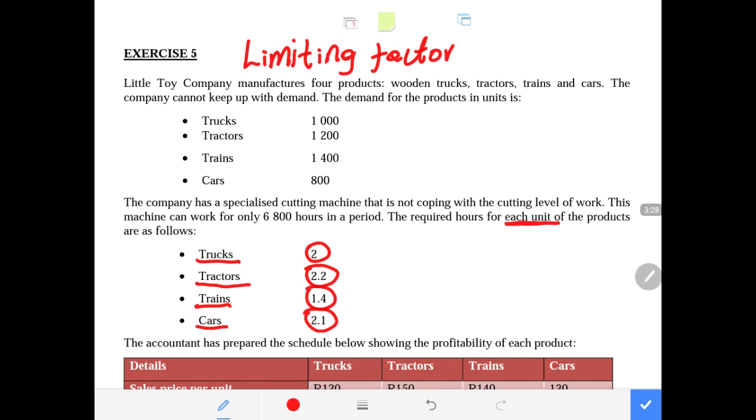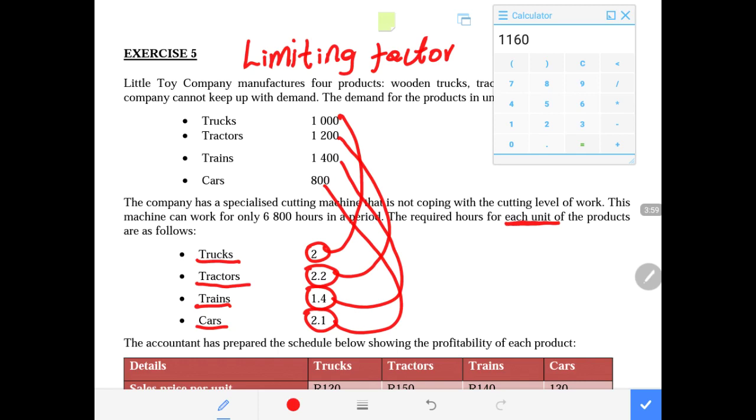To know the total required hours, we multiply the hours per unit by the units for each product. This gives us the number of hours we need to manufacture according to our demand, and we compare that with the available hours.